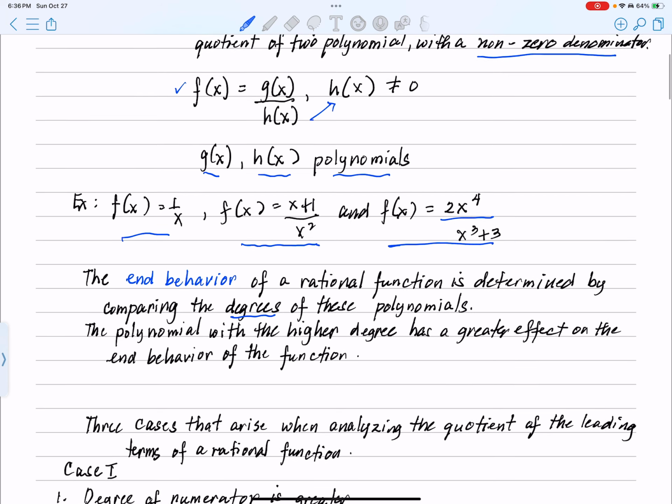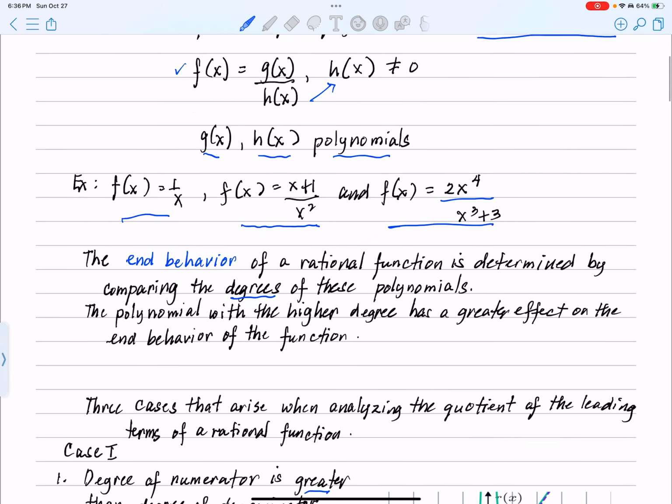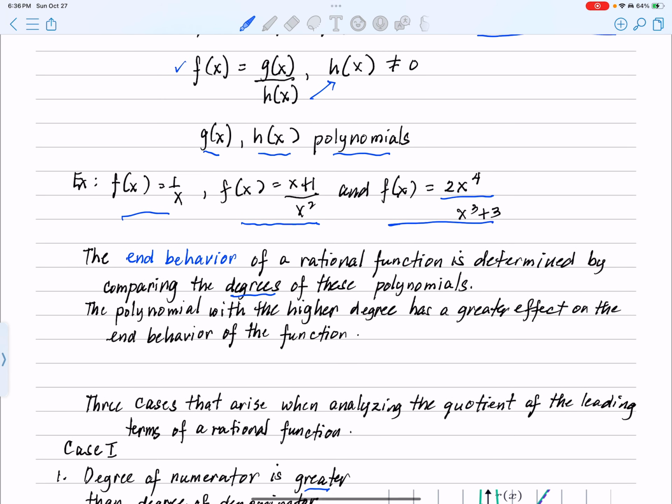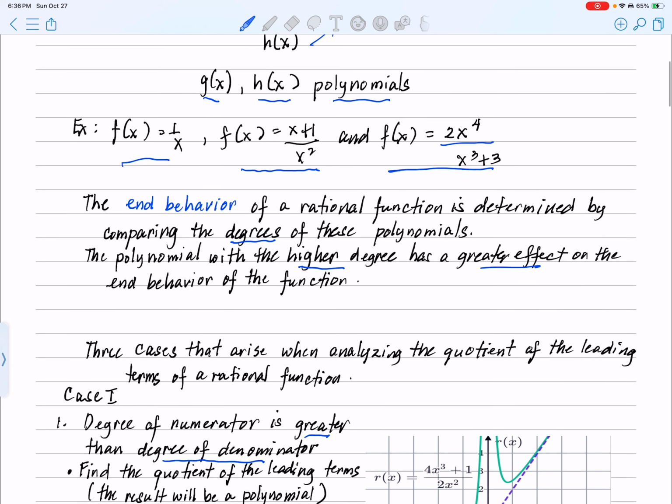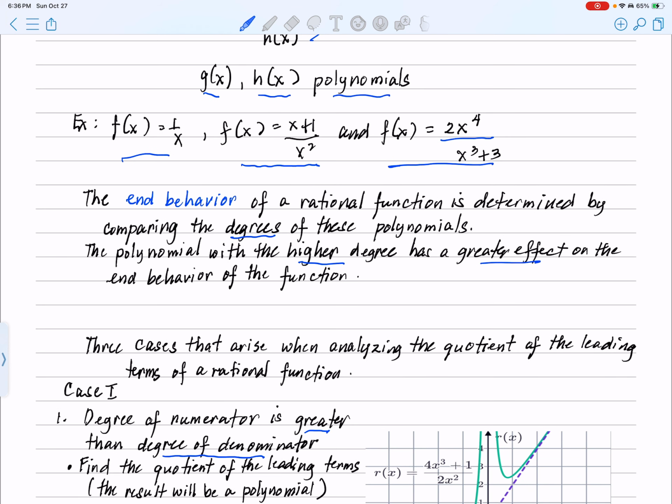The end behavior of a rational function is determined by comparing the degrees of the polynomials in the rational function. The polynomial with the higher degree has a greater effect on the end behavior of the function. Let's follow this by looking at the three cases that arise when analyzing the quotient of the leading terms of a rational function.